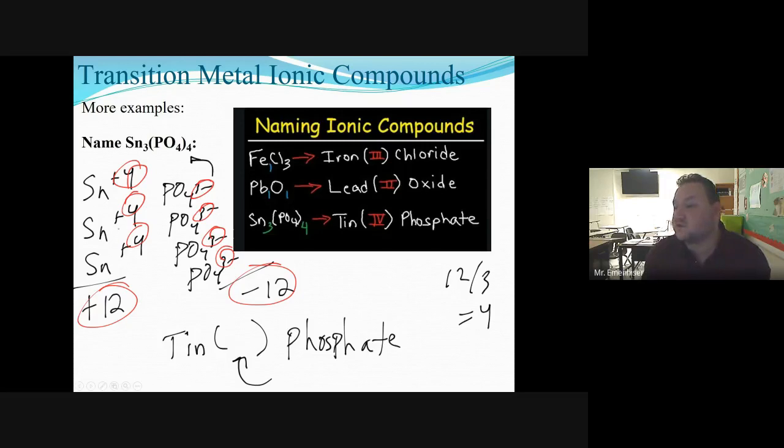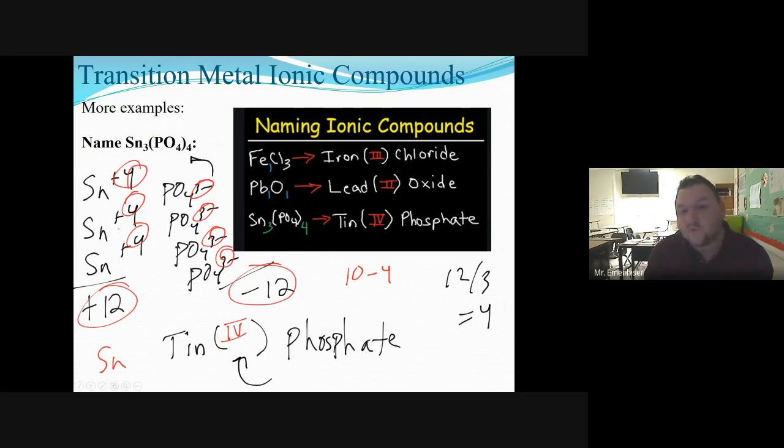Equal and opposite charge, so there we go. It's tin-4, which sounds like 10-4, right, from the military. But it's tin with a charge of +4, and so we're going to put 4 in here. Tin(IV) phosphate. And again, tin is just a metal, like a tin can, and that's the symbol Sn.